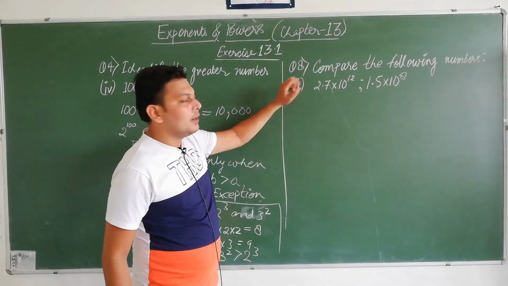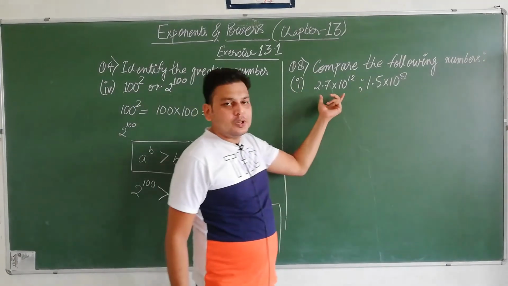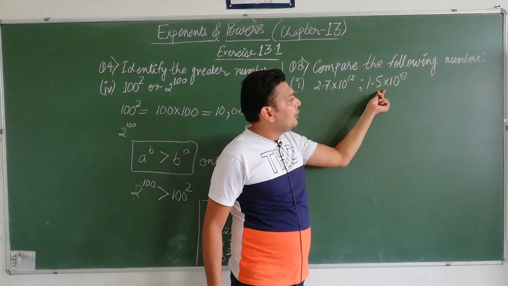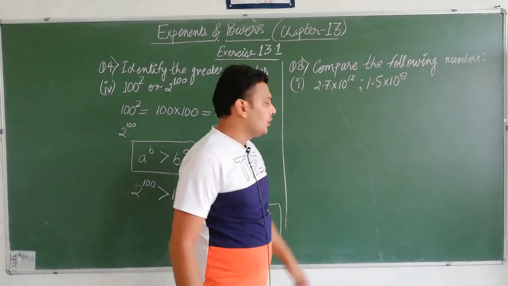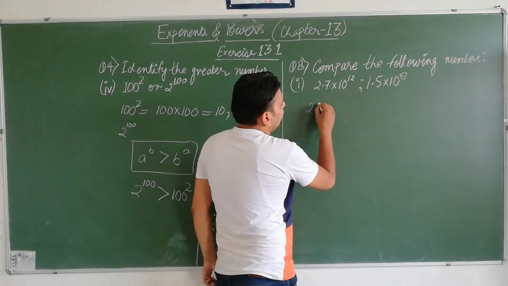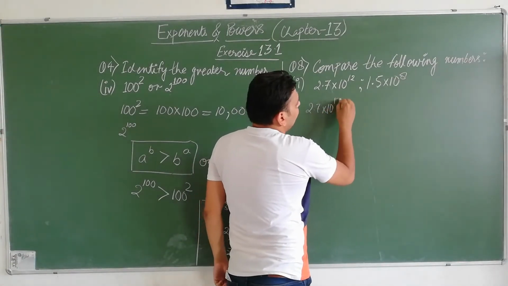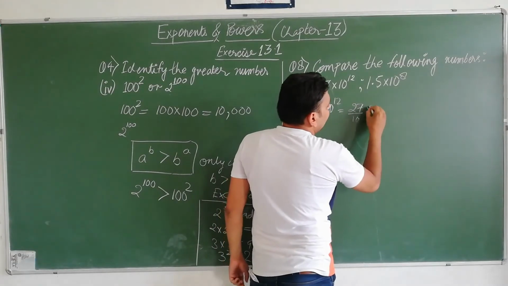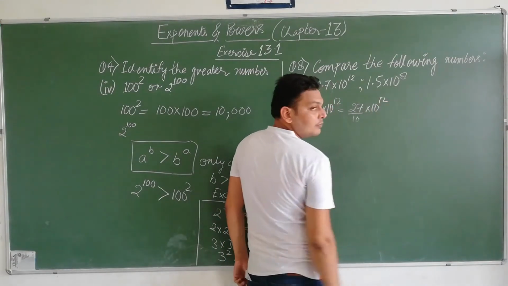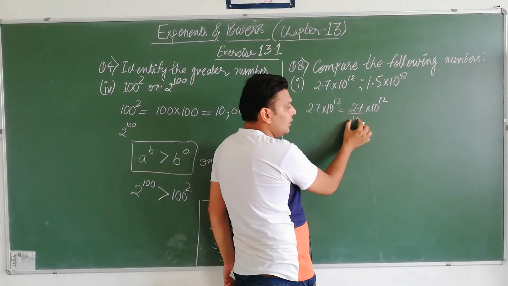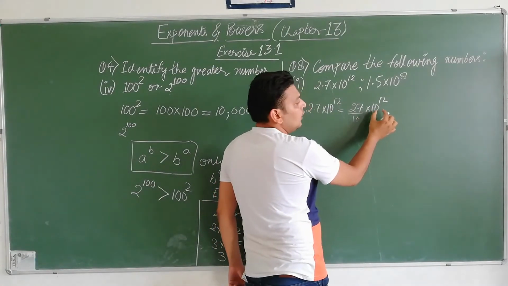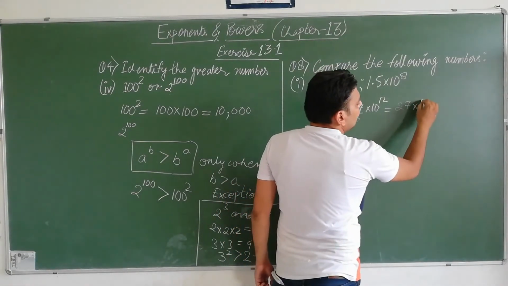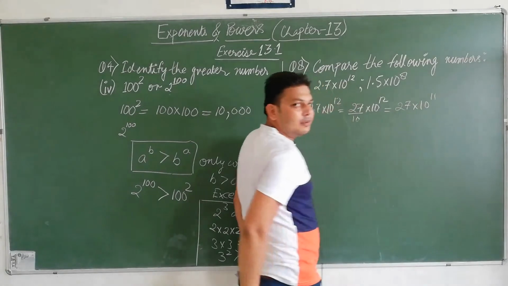Now moving to question number 8, part 1. In this question we have to compare 2.7 into 10 to the power 12 with 1.5 into 10 to the power 8. So 2.7 into 10 to the power 12 can be written as 27 by 10 into 10 to the power 12. Now the denominator 10 will cancel out one of the numerator 10, and this will become 27 into 10 to the power 11.